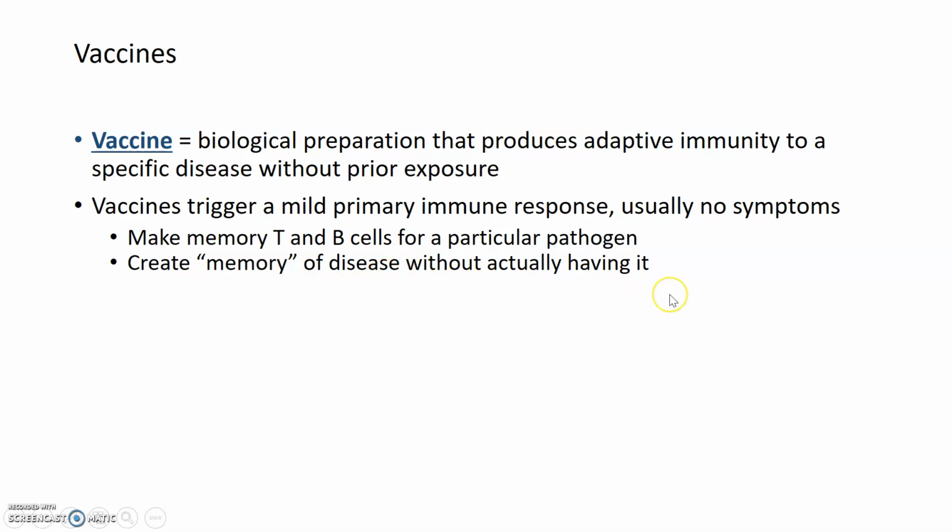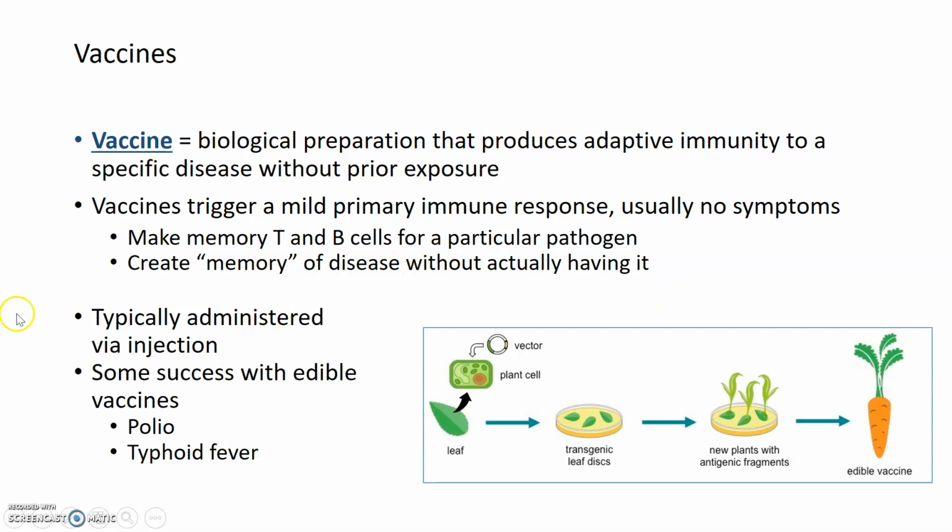And so vaccines are normally administered via injection, so shots, but there's been some success with edible vaccines, specifically for polio and typhoid fever, where recombinant DNA has been introduced into plant cells to basically make GMO plants that can be eaten and vaccinate people in that way.